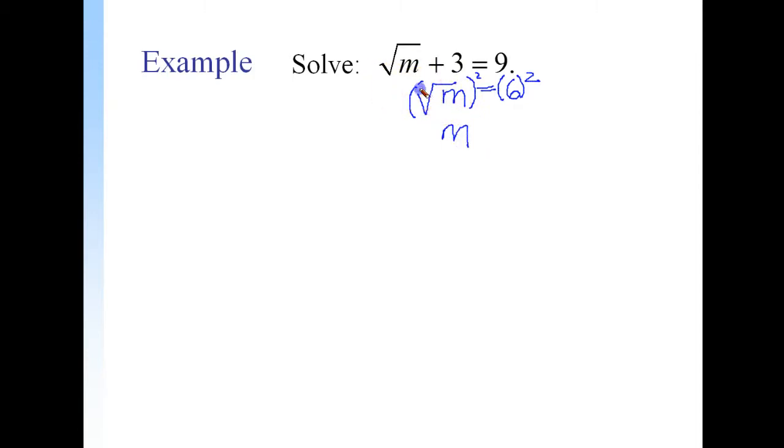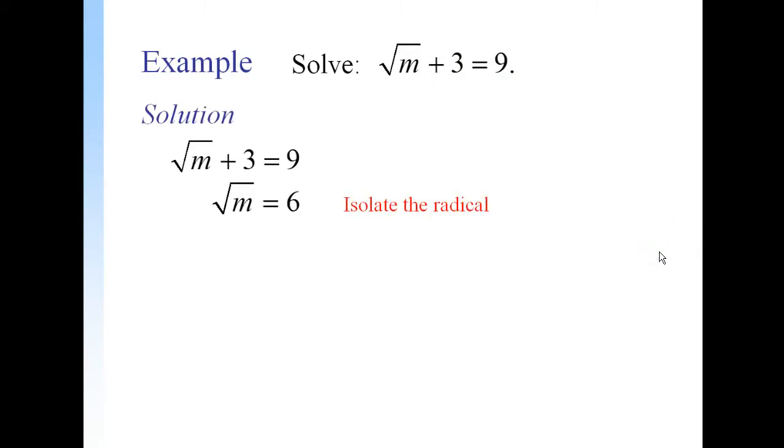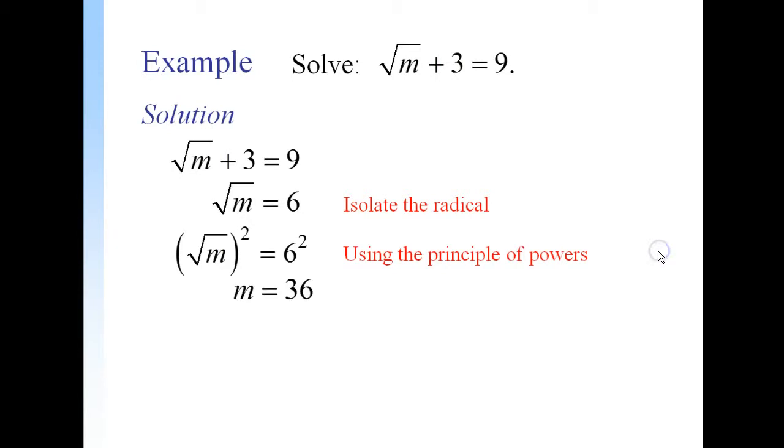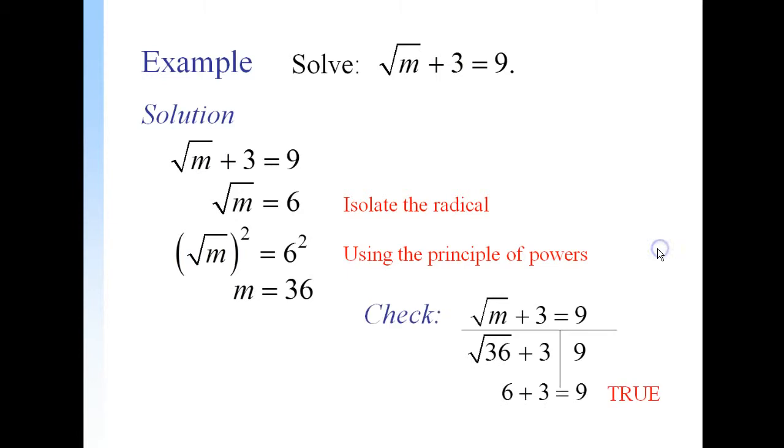So when this index number is 2, and we raise it to 2, it just becomes the radicand. And this is 36. And you might say, wow, that was easy. Yes, it's nice to have an easy one from time to time. You just need to know the procedure. And there we go. And it checks.